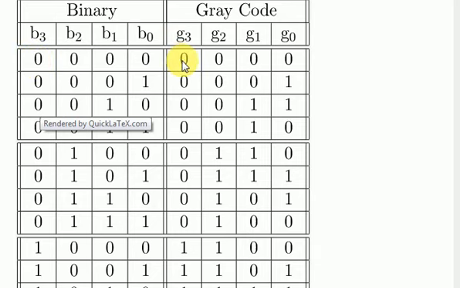In this truth table, you have noticed that B3 is equal to G3 because this bit remains unchanged at the output side. So this 0 will be placed here without changing it. Now we will exclusive OR, XOR, these two bits.